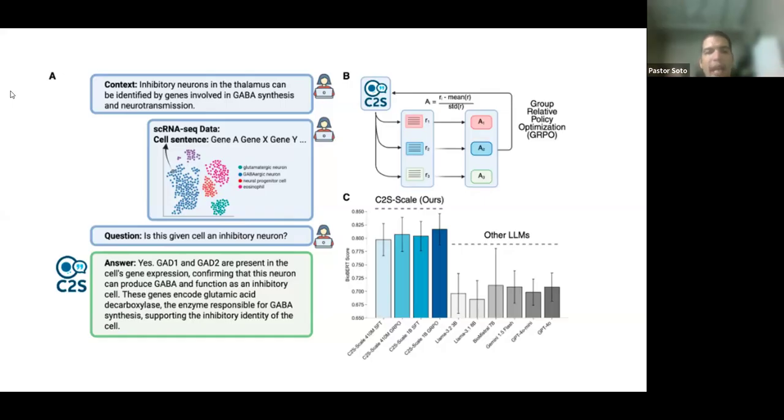The reasoning behind this, or the process, is that it will identify those genes and say, yes, these two genes are present in cells from neurons that can produce GABA. So because you have those genes in that sentence, it came from an inhibitory cell. And as you can see, it has the GRPO with the policy model, and what I explained about how the advantage was calculated. And this is the BioBear scores across different models.